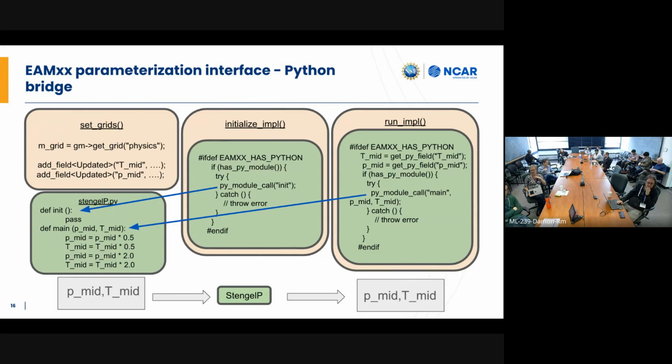And then for the run, first we use the Python interface to pull in Python compatible versions of the fields, and then we pass them to our main function defined in our Python file. And so it's very seamless. Presumably we can do this with Jack's code as well.